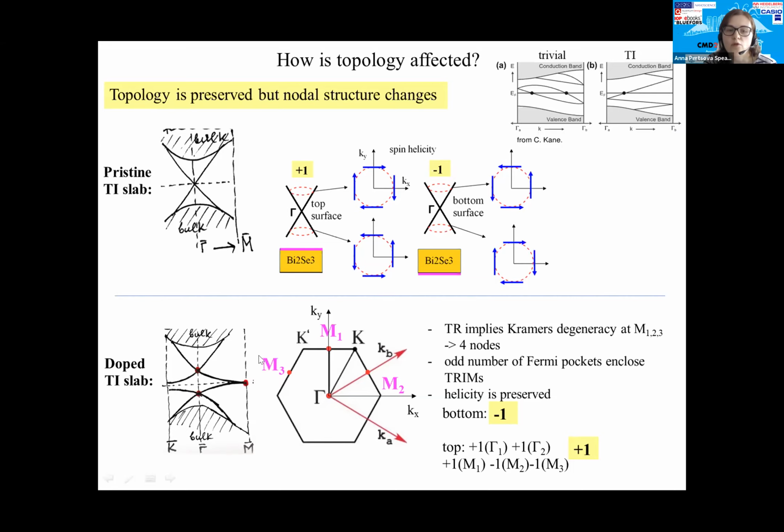Now moving to our situation with the impurity band hybridizing with the Dirac cone, we calculated the helicity, the winding of the spin, for each of these new Dirac nodes, and we found that overall the helicity of the top surface is the same as in the pristine slab. So the topological properties have not changed, but the bands reconnected in a peculiar way to accommodate for this.